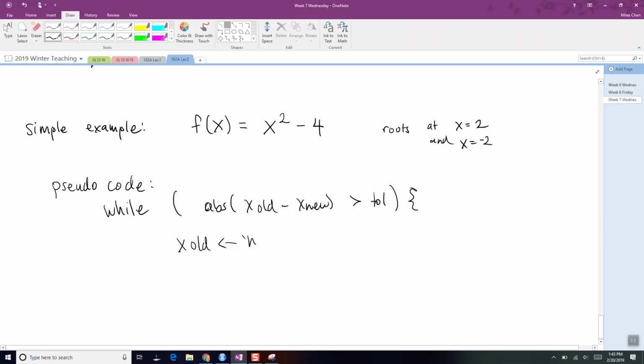We'll take our current x new, and that's going to become old for this iteration, and then the new value is going to be x old minus f of x old divided by f prime of x old. And then we close that off.